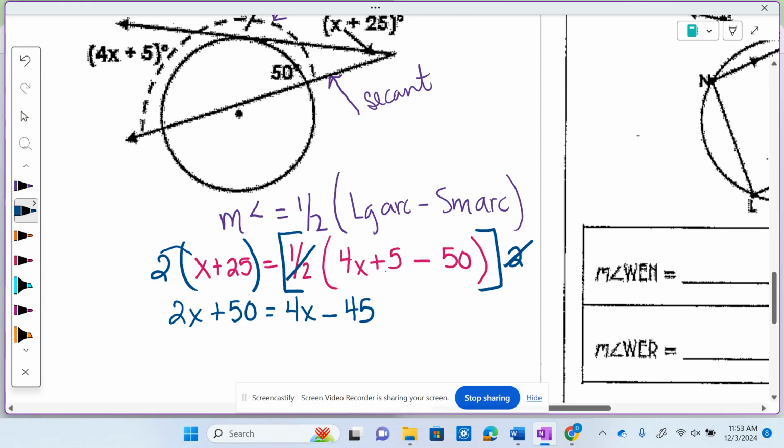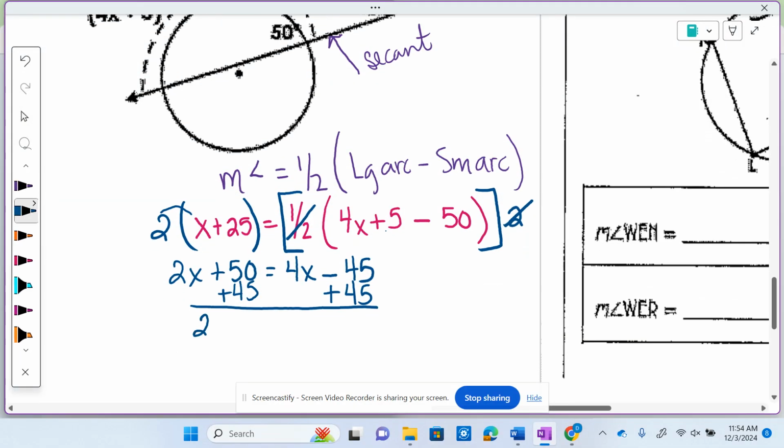What do you want to do next? You want to add 45 to both sides? Sure, I'm down with that. Add 45 to both sides. So that gives me 2x plus 95 equals 4x. Who else has an idea?